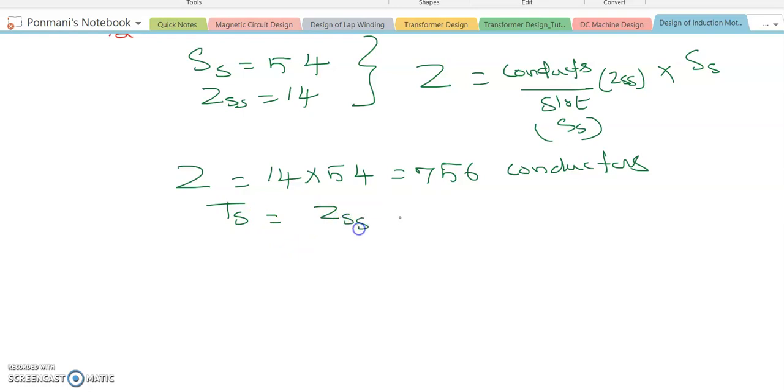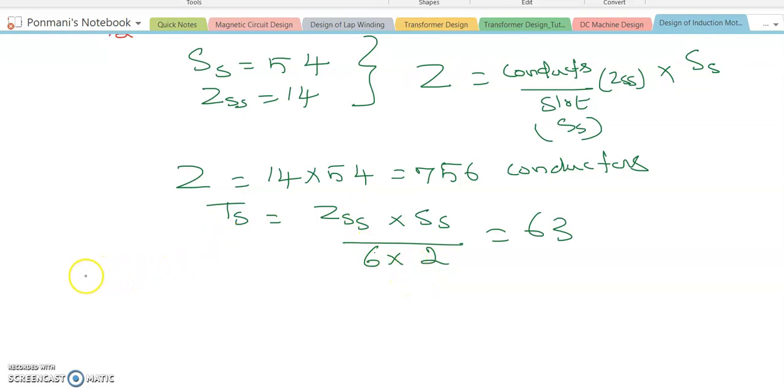So turns per phase is total number of conductors divided by 6, and because it is a 2 parallel path machine, we are multiplying it with 2.